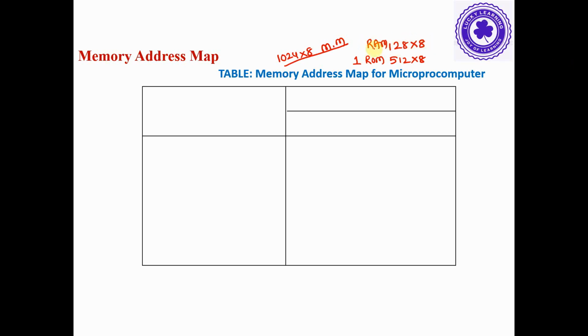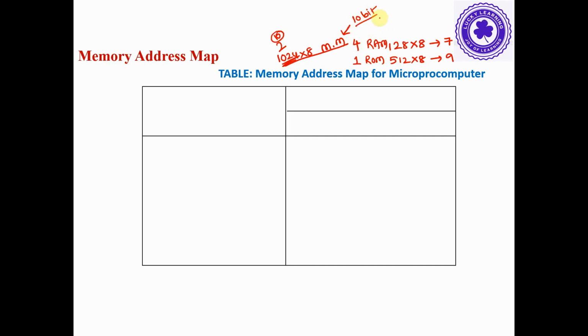How many RAM chips are needed? 4 RAM chips. Now to address RAM, we require a 7-bit address. To address ROM, we require a 9-bit address. And to address the main memory, we require how many bits? A 10-bit address. Correct? Why 10 bits? Because 1024 you can write as 2 power 10. It means a 10-bit address is required to address the main memory.